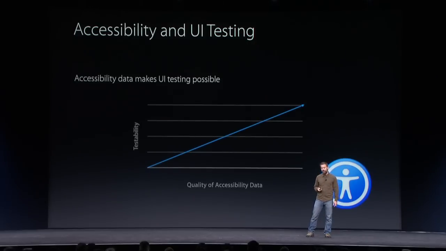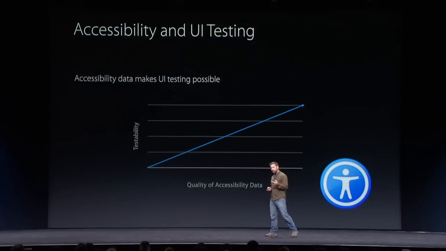In fact, the better the accessibility data for your application, the easier it is to write tests, and the more reliable those tests are over time. So you get a double benefit when you improve the accessibility in your application. You've not only made it easier for your own testing, but you've improved the experience for all of our disabled users. So I'd really encourage you to keep that in mind when you're working with UI testing and accessibility.